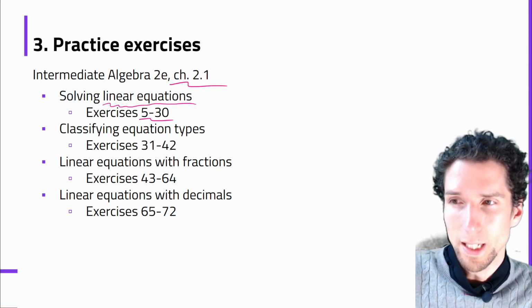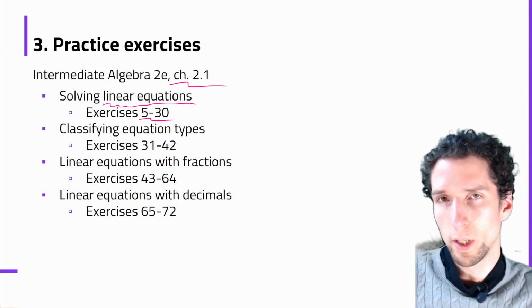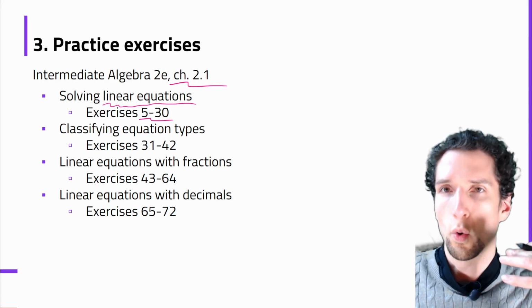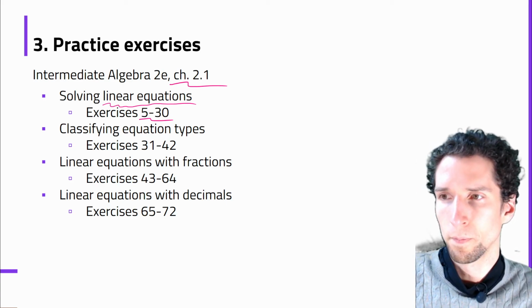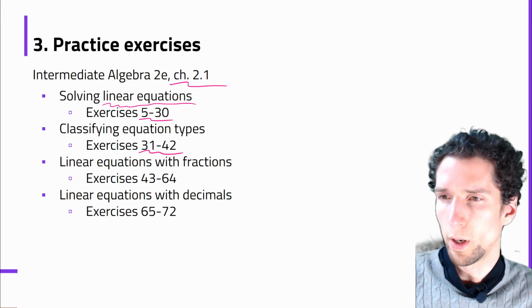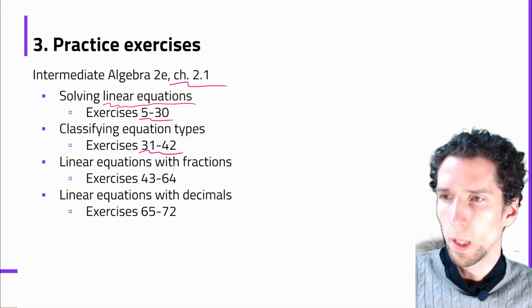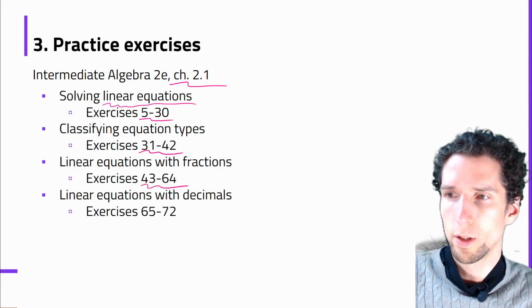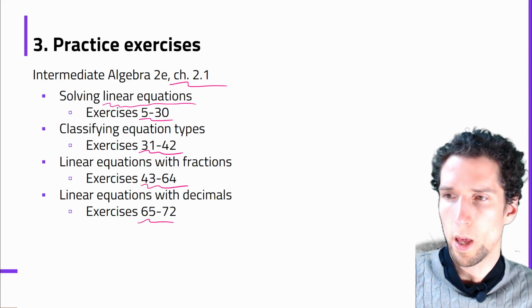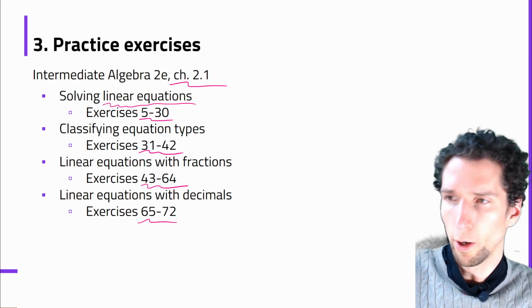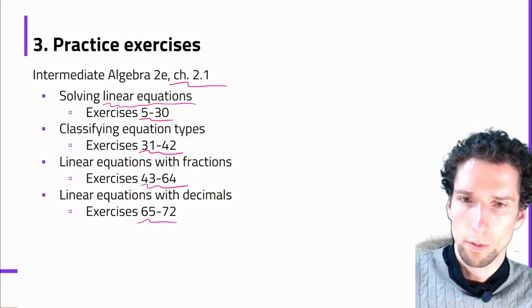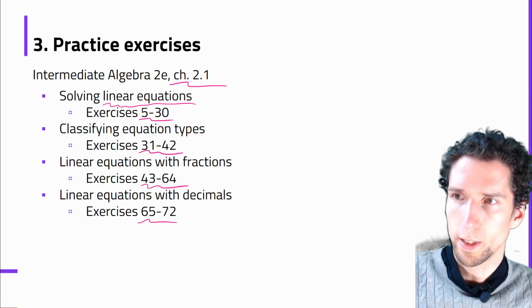Next, classifying equation types. So what we just did as a conditional or identity or a contradiction. Those are here. Then linear equations involving fractions, these practice ones, and involving decimals, these practice ones here. So lots for you to practice.